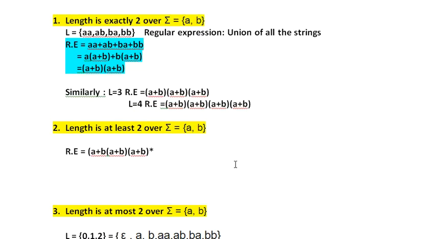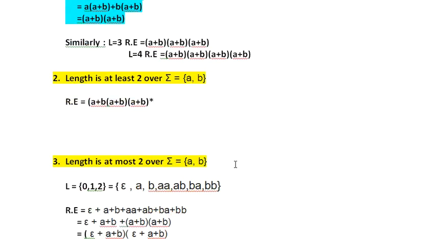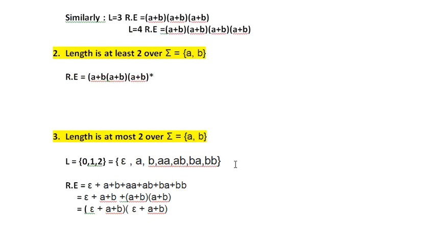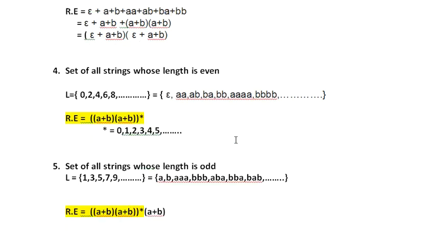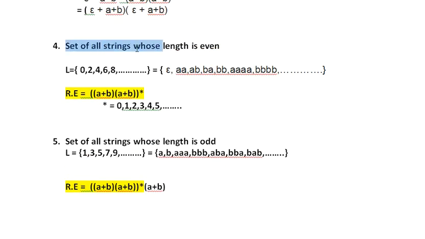Now we will be looking into a few more questions, and for your better understanding and for moving a little bit faster, I am just using few of the answers. Okay, so look into example number 4. Example number 4 says: set of all strings whose length is even. If length is even, definitely the language will comprise lengths 0, 2, 4, 6, 8.